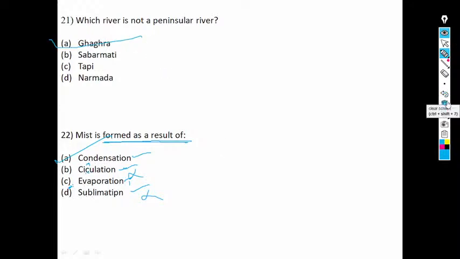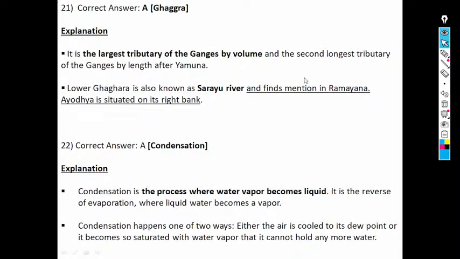Now see, Ghagra is the largest tributary of the Ganges by volume.